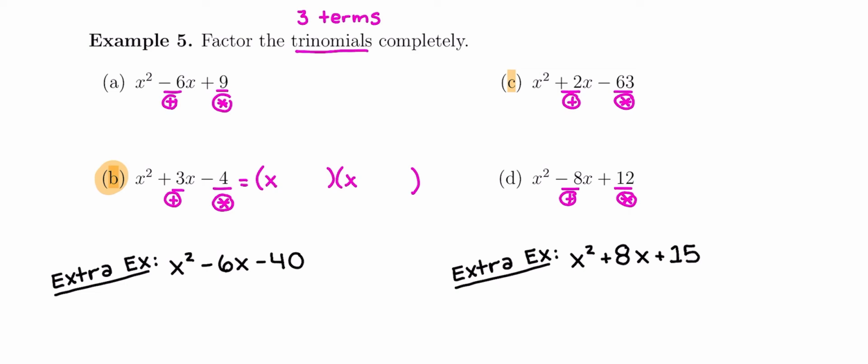If I had a positive times a positive, what would that be? It would be positive. If I have a negative number times a negative number, that's also positive. And we're trying to multiply to be a negative, which means I have to have a positive times a negative. So I like these ones that end with a negative because I know what type of factors I have automatically. A positive times a negative will multiply to be that -4, just like I need it to.